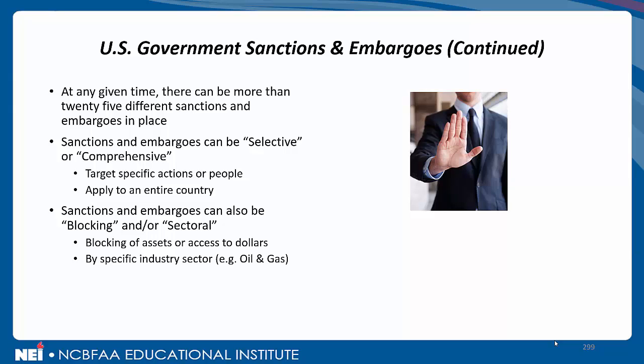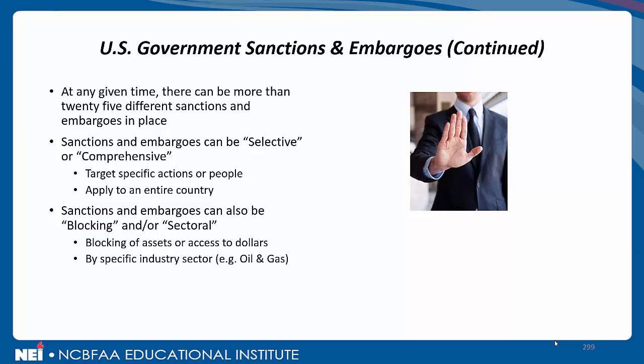Whereas comprehensive is to say, if for whatever reason the U.S. gets involved in an embargo against country X or sanctions against country X and it's comprehensive, it's across the board. Everything. Travel, arms, freezing of assets, all the things we've talked about. So in our sub-bullet points, selective sanctions target specific actions or people, whereas comprehensive applies to an entire country.